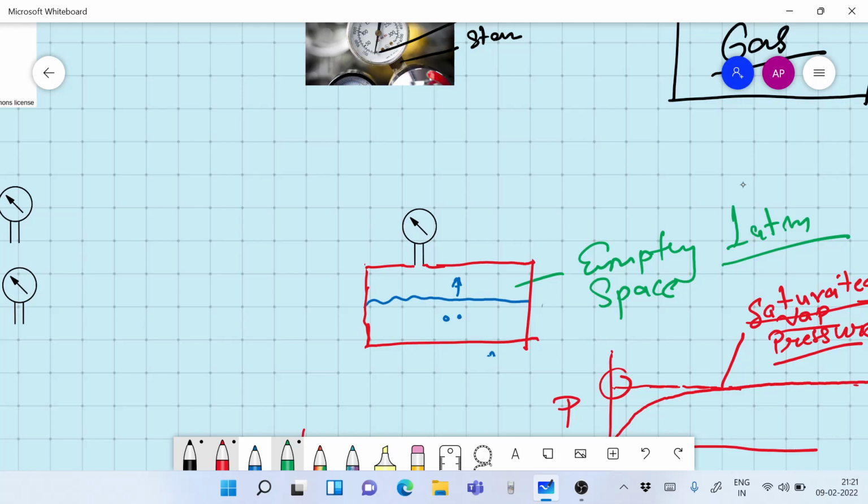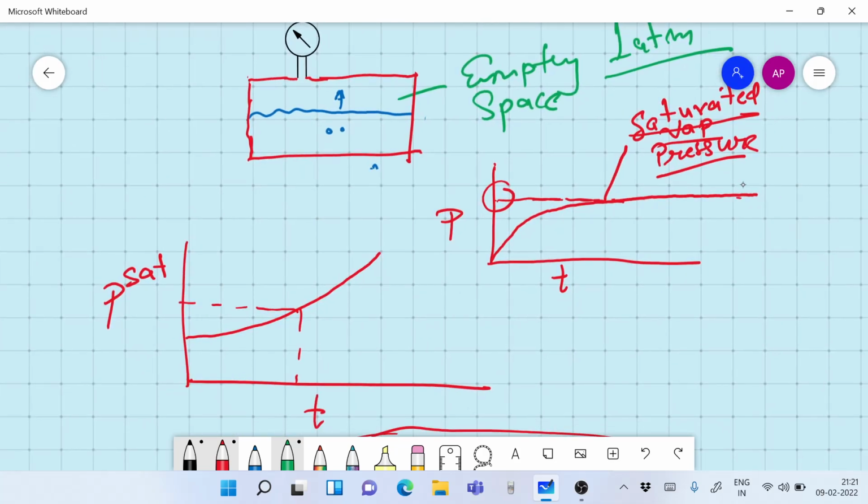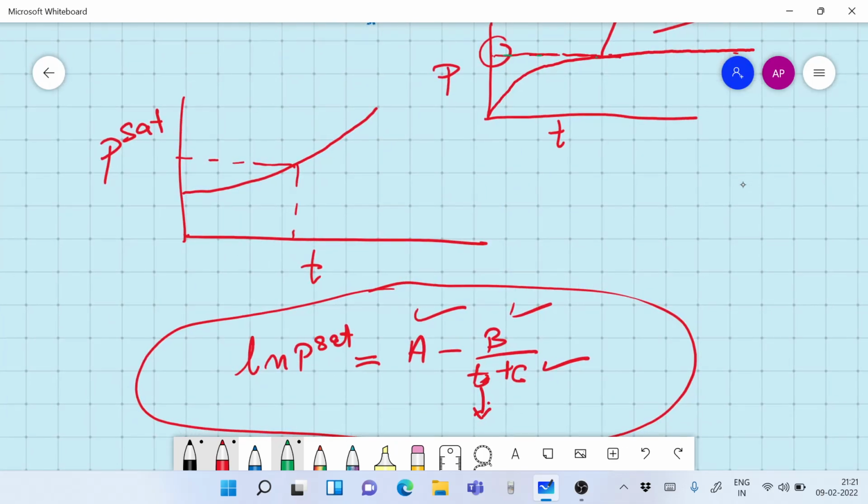Now, whatever pressure reading that it gains is the vapor pressure, because that is pressure exerted by the vapors, or the saturated vapor pressure. If we wait long enough, we get the saturated vapor pressure at the temperature of the liquid. And the saturated vapor pressure is proportional to the temperature, but it's not linear.